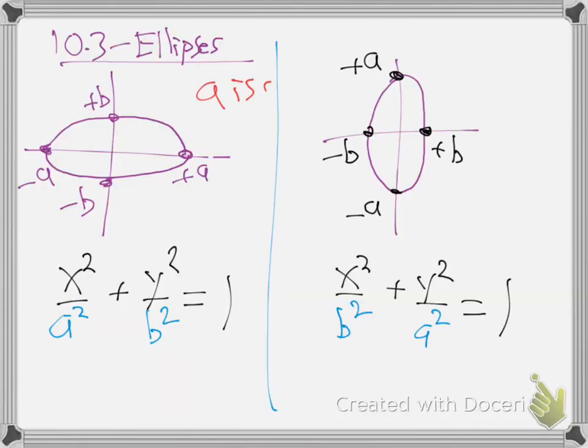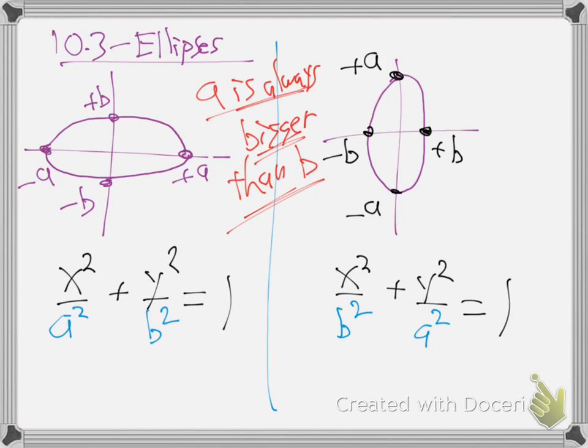A is always bigger than B. In the formula, we just do that for convenience. A is always the bigger direction. So notice, if the thing is wider, I put the A's on the wide. If the shape was taller, I put the A's on the taller, huh?